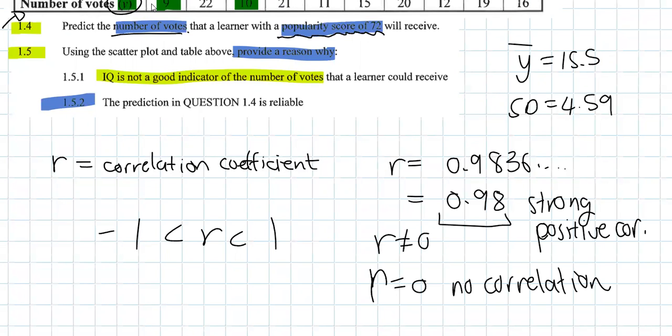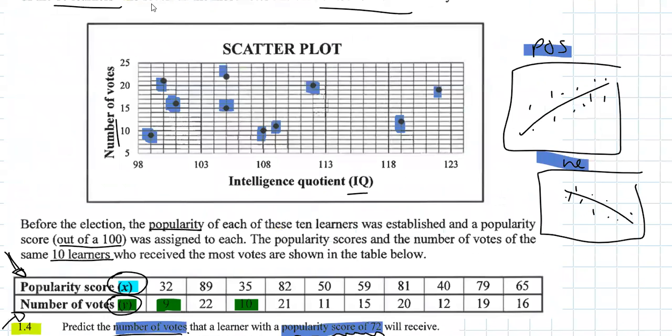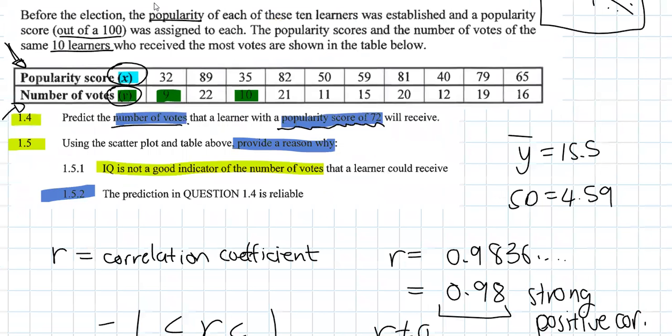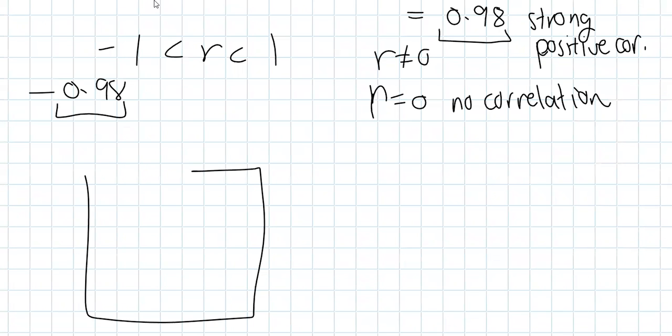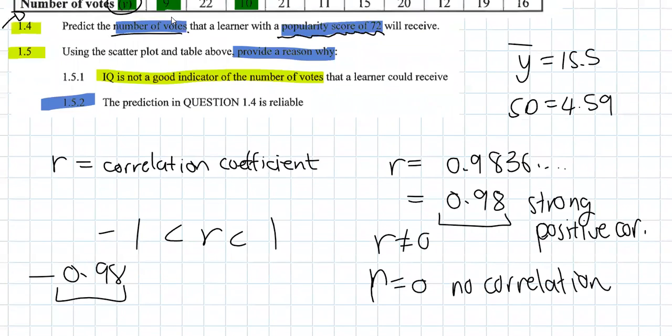But we could have negative 0.98, which would be a strong negative correlation. So R tells us how correlated our data is. What that looks like on the scatter plot is that strongly correlated information is very near together, like this. That would be a very, very strong correlation, and you have different correlation levels.